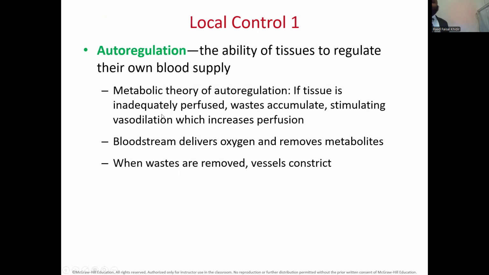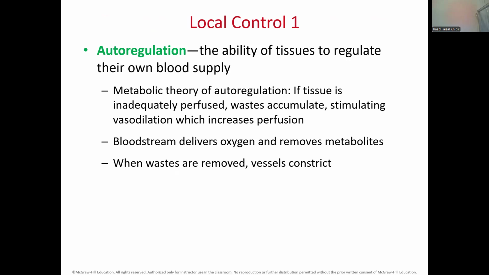So autoregulation, we said, is the ability of the tissues to regulate their own blood supply. There's a metabolic theory of autoregulation. So if the tissue is inadequately perfused, how does your tissue autoregulate blood flow to itself? If the tissue is exercising and there's a lot of acid and a lot of metabolic waste, do you think it's going to increase blood vessels or decrease them?